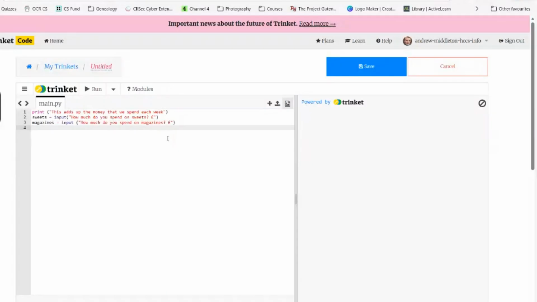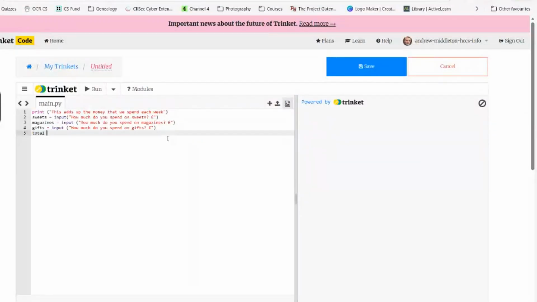And then we've got gifts is an input. How much do you spend on gifts? So we've got all three there on the screen. And then we want to work out a total.